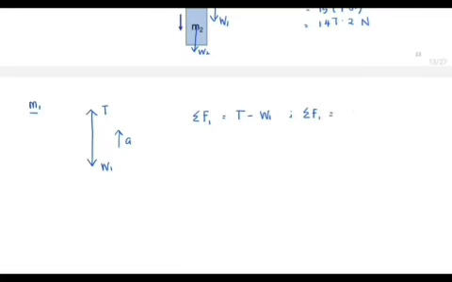And it is also equal to M1A. So T minus W1 equal to M1A. Let's substitute the information that we have. Let's call it equation number 1.